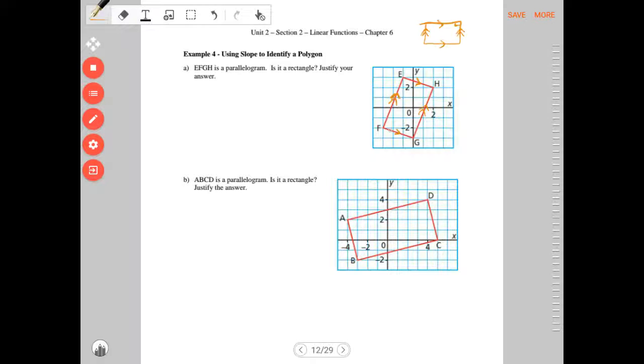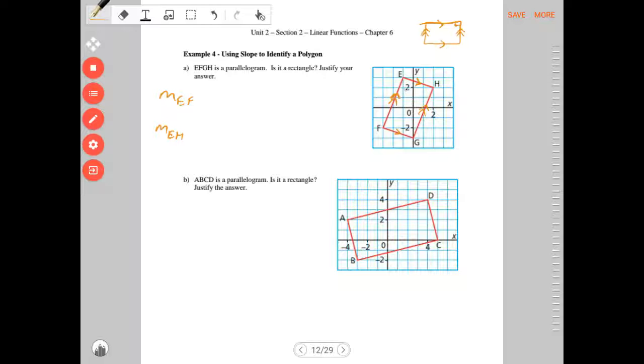So we don't have to figure out E, F, G and H separately, because we know that they're the same slope. So I can just figure out one. Let's figure out the slope of EF. Likewise, I don't have to figure out the slope of both EH and FG. I can just figure out the slope of one of the other lines. So let's figure out the slope of EH.